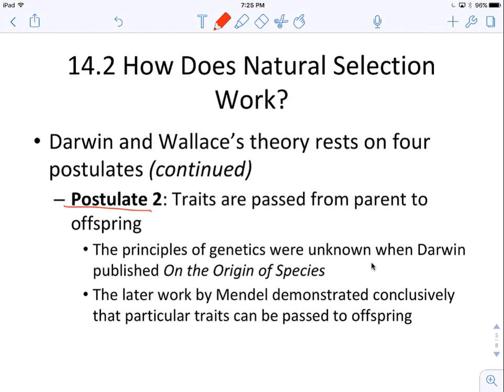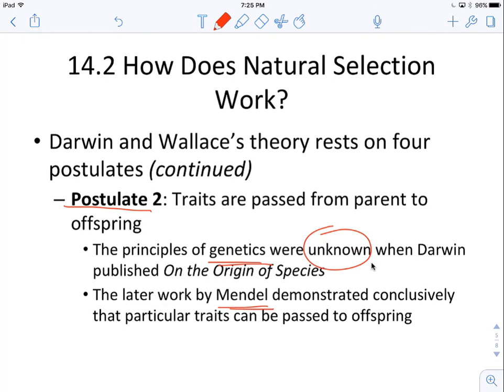All right. Postulate number 2. Traits are passed from parent to offspring. And basically, this is, again, remember, Darwin and Mendel were not contemporaries. So genetics was unknown to Darwin when he published Origin of the Species.